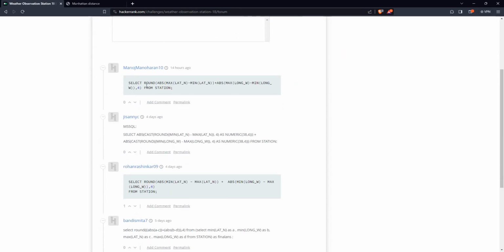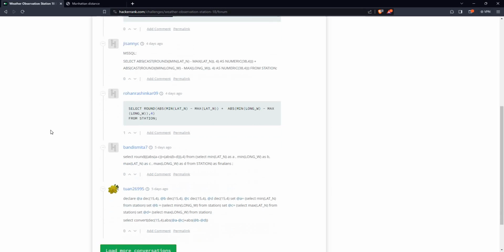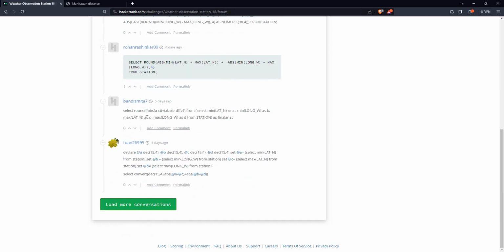Now this was the one solution which you guys, I know, could have already implemented, but there are few more solutions as well. Look, select round of absolute of this from select again. In some previous part, part 3 or 4, I believe, we have solved one question where we have applied this subquery thing, right?